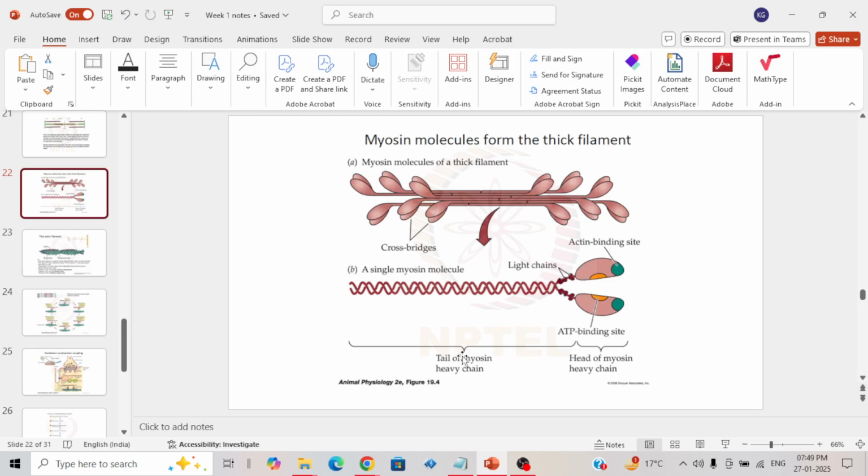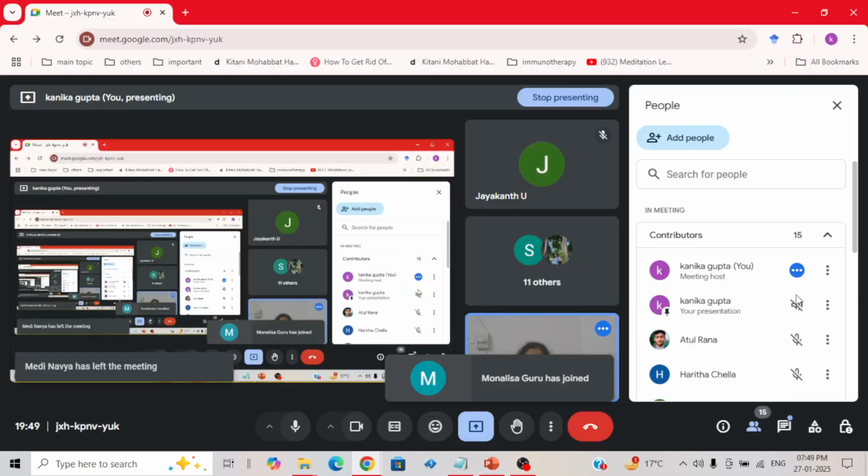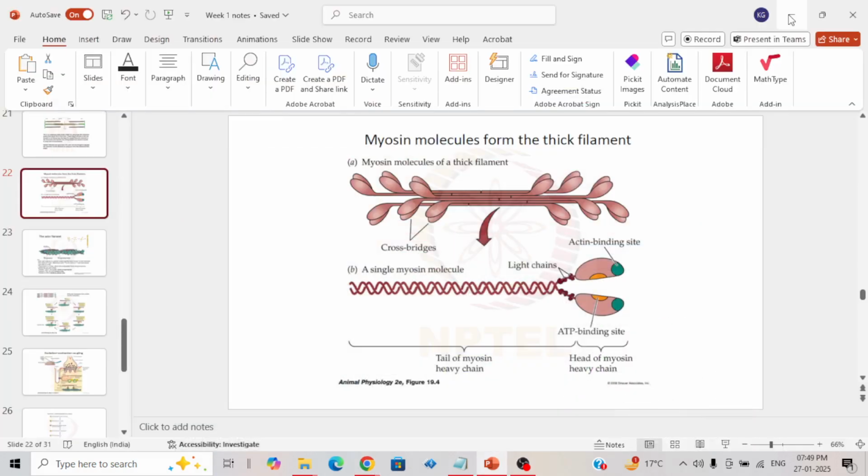These two heavy chains are demarcated in a way that it is called the tail region, the neck region, and the head region, or together we can call this neck and head region the cross bridge also. This is the head region of the myosin heavy chain. This is the tail region, this is the head region.